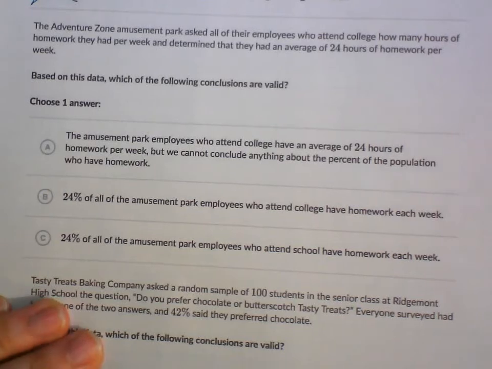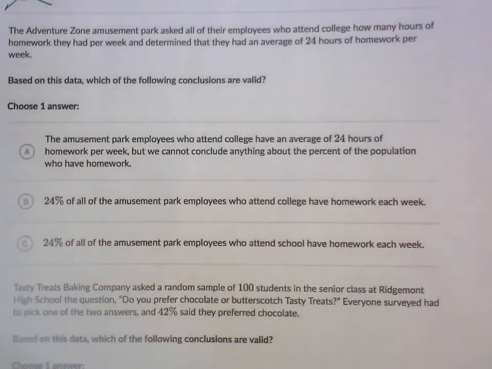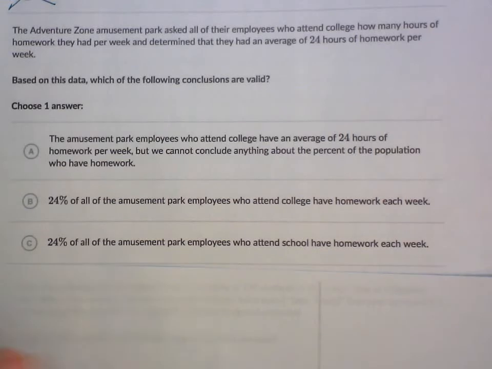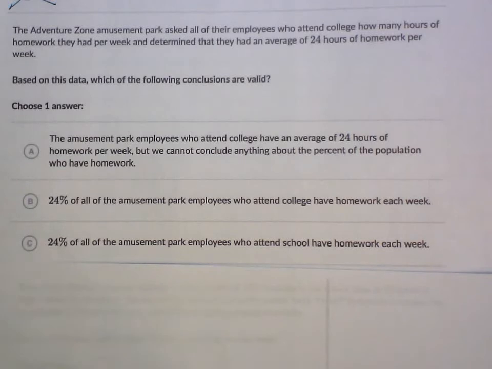All right, number 5. The Adventure Zone amusement park asked all of their employees, so they asked every single employee who attended college, how many hours of homework they had per week.